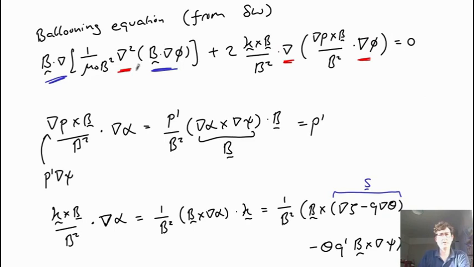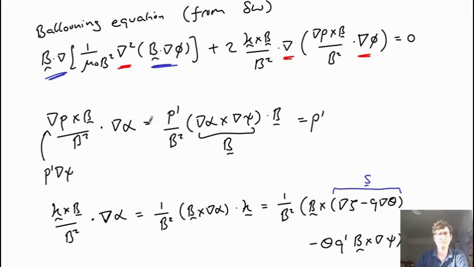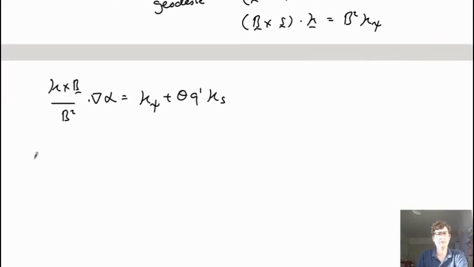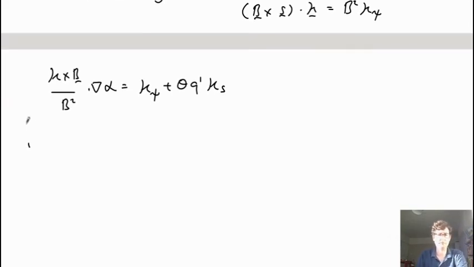These become parallel gradients in theta, and this becomes a sort of n squared term with a grad alpha squared term. So here we have n squared. These terms each give an n factor, and so the n squared term cancels out, and what's left over is a simplified one-dimensional equation like this, which is the ballooning equation.